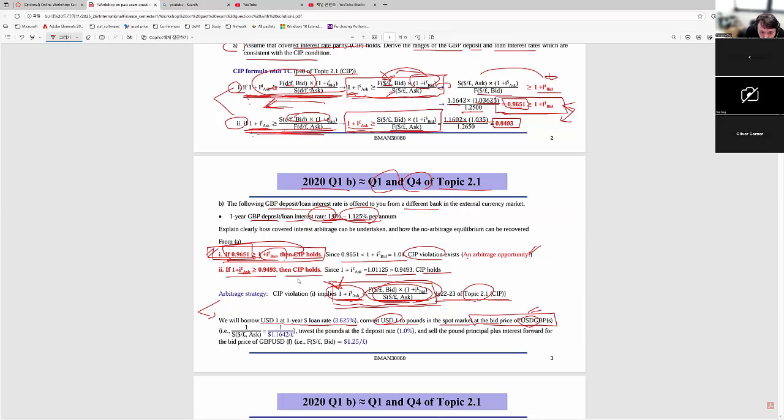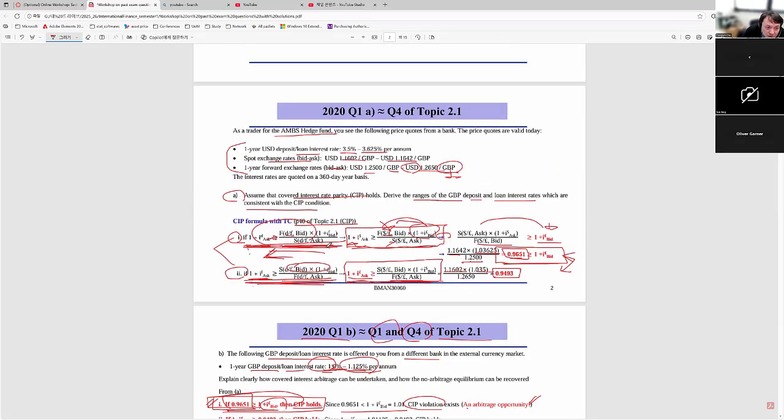This is the one you need to memorize. The dealer is buying the currency in the denominator, USD, at the bid price. The investor is selling dollars, the dealer is buying dollars at the bid price of USD GBP. Now, one problem is that the bid price of USD GBP is not given.